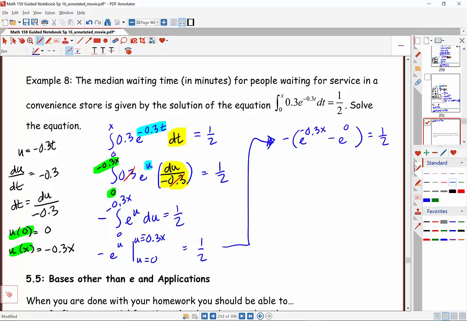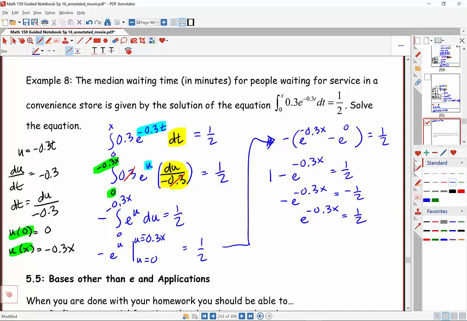So this will give us 1 minus e to the negative 0.3x is equal to 1/2. So e to the negative 0.3x will be equal to a negative, and this will be a negative 1/2. And so e to the negative 0.3x is equal to positive 1/2.